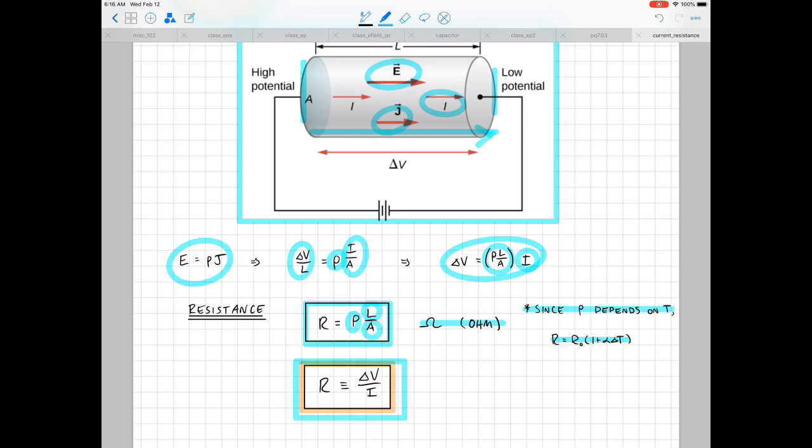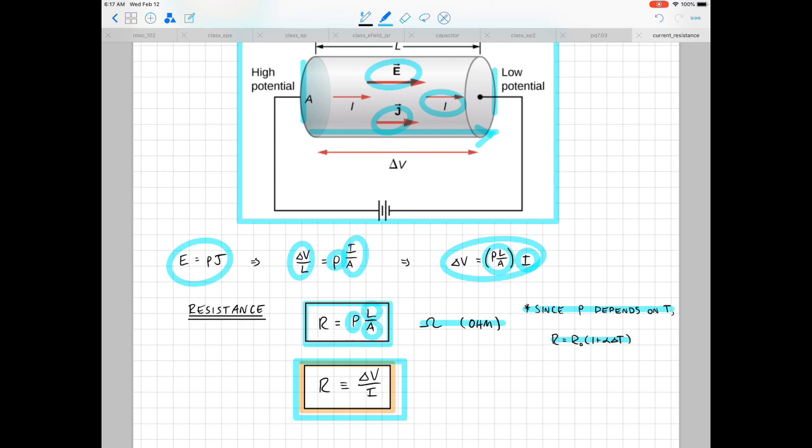And down here at the bottom, I've highlighted this relationship. So this is, in general, the definition of resistance: if you've got some element in your circuit where there's a voltage drop from the left side to the right side or across the element, then the resistance is defined as the difference in voltage between the two ends divided by whatever current is flowing through that element, whether it's a resistor or a light bulb or any variety of circuit elements that we end up looking at in this course.